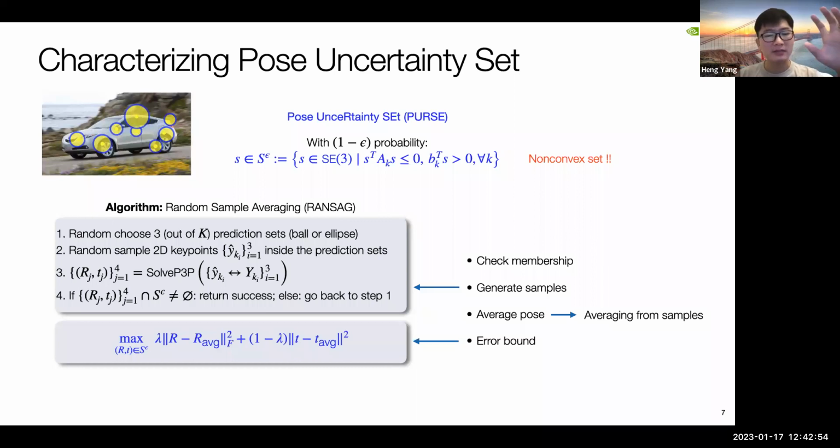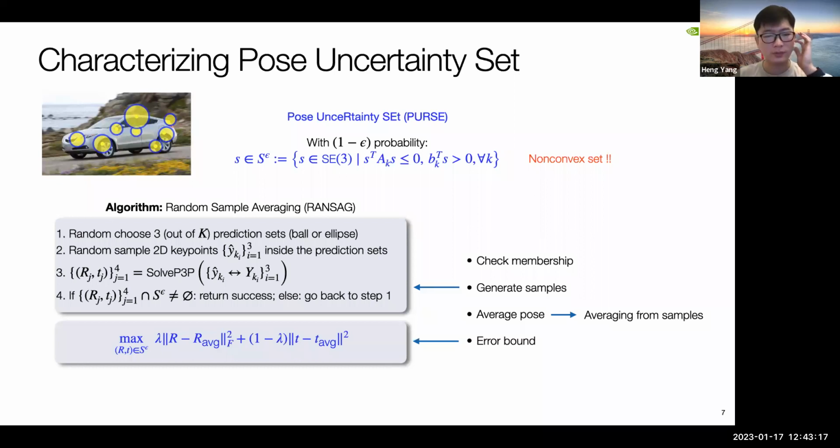So this maximum distance from the average pose to my purse will intuitively be an upper bound on the error between my average pose and my ground truth, right? Because your ground truth lies within my purse, and I'm giving you the maximum distance from the average pose to my purse, so of course that is an upper bound.